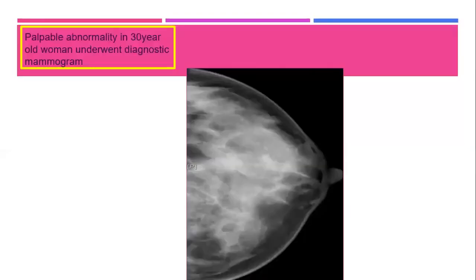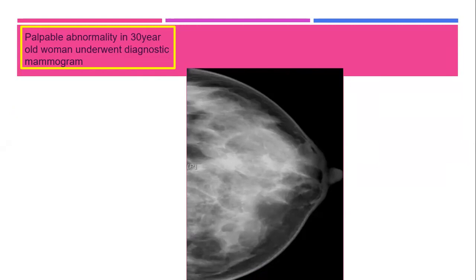Okay, this lady is 30 years old having a palpable abnormality and underwent a diagnostic mammography. Could you pick any abnormality in her breast? In the central part of the breast, there it looks like a mass or focal asymmetry.